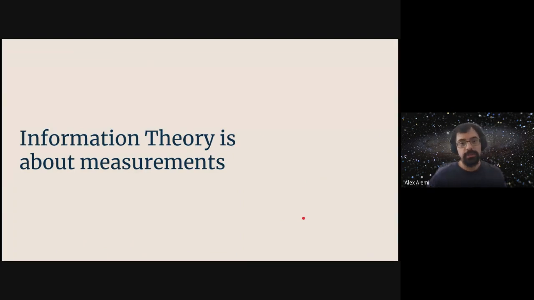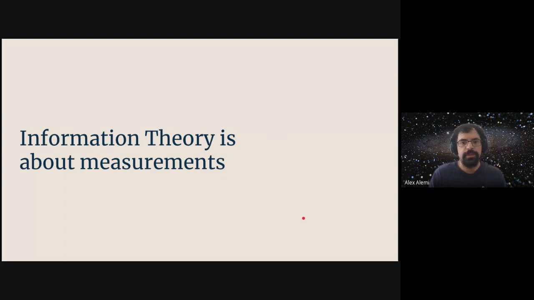So what are we going to talk about? We're going to talk about the parts that came out of this whole enterprise that I think are tremendously useful for machine learning. The way I view information theory, it's about measurements. It's about measuring things having to do with probabilities.